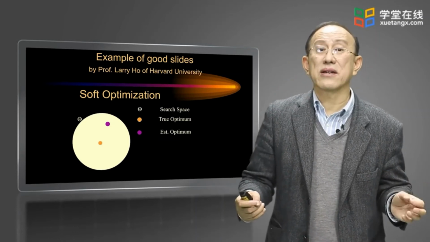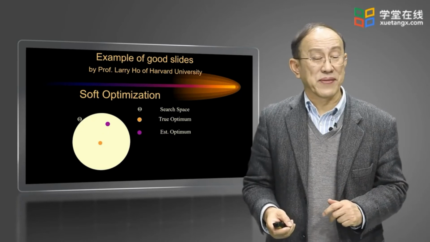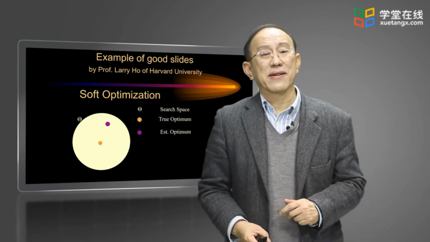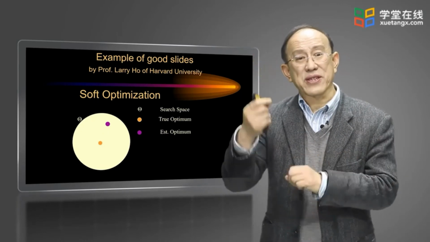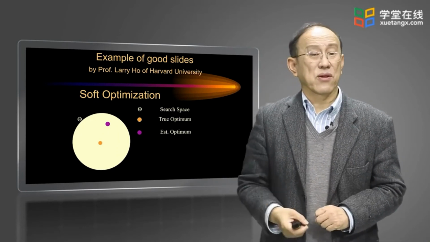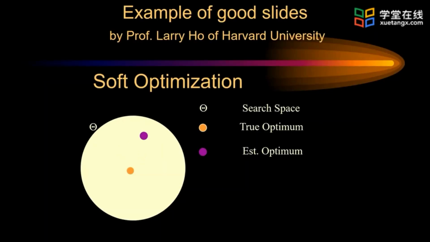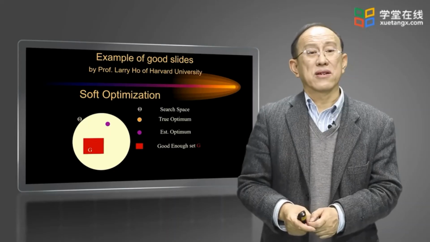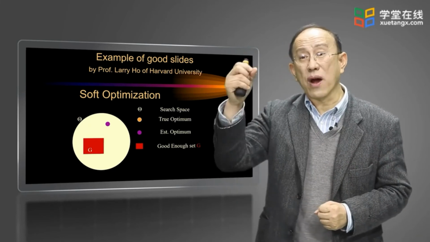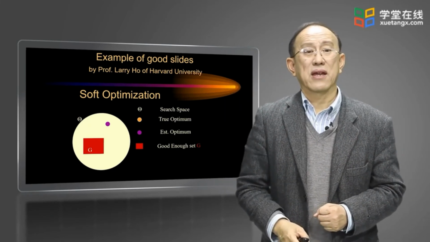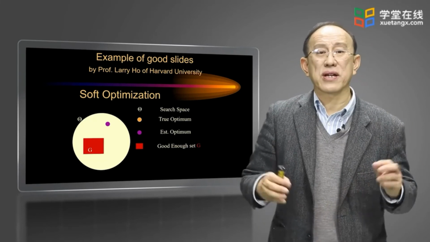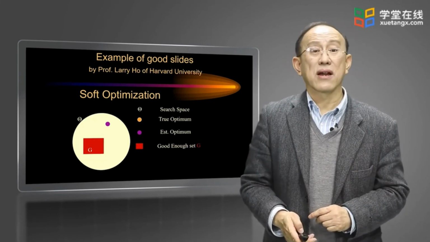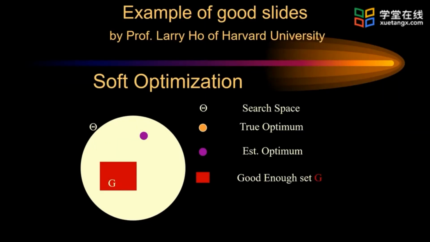What is the idea of soft optimization? Because of the difficulty of finding the true optimum, we instead try to find a good enough set, because finding a set is easier than finding one true optimum. However, we still do not know where the good enough set is. Then we select a set ourselves.